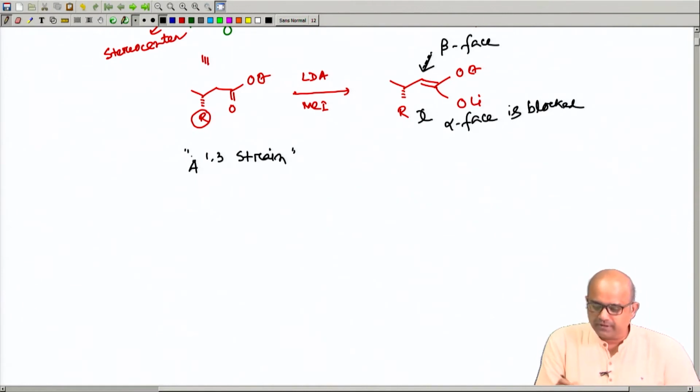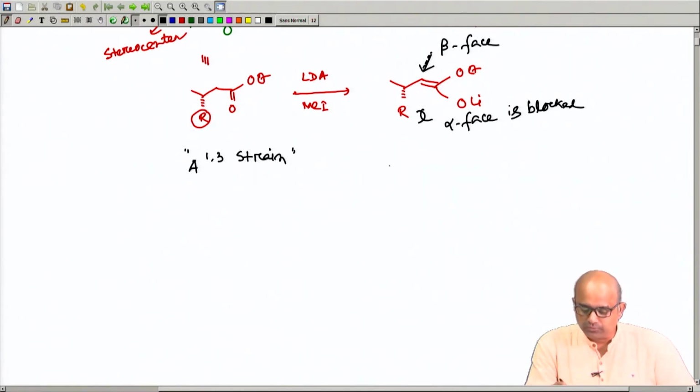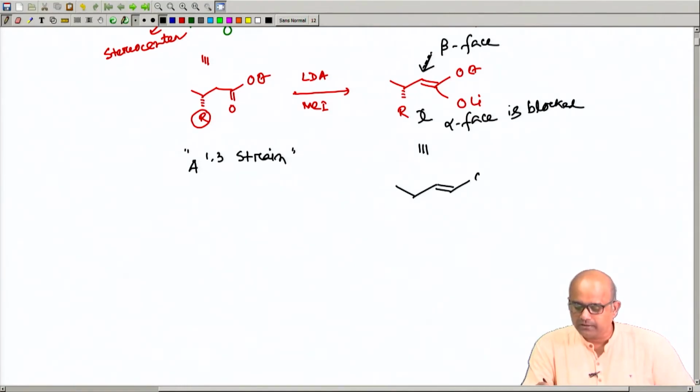If you are not familiar with allylic 1,3 strain, just go through it. Allylic 1,3 strain basically means that once you have an allylic system something like this, you try to draw the same compound the other way, means you try to put this as an allylic pi double bond and put the hydrogen here in the same plane.